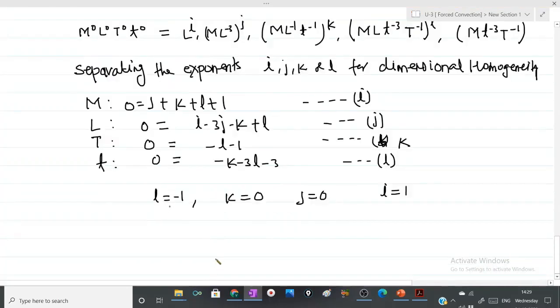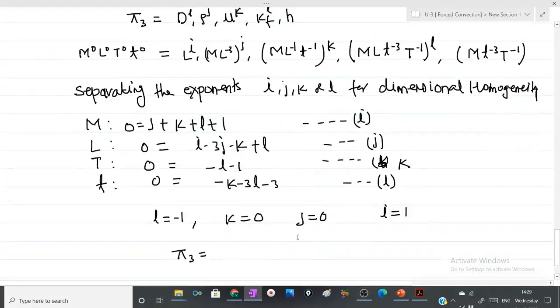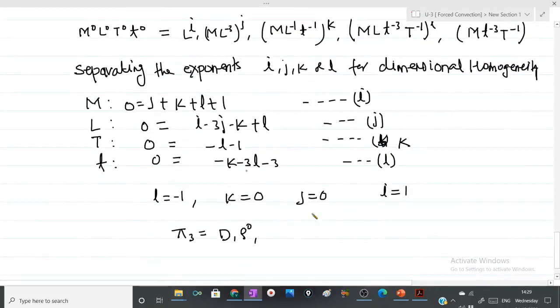Now, after finding out the value of exponents L, K, J, and I, let us put them in the pi term. So pi 3 will become d to power 1, rho to power 0, mu to power 0, and kf to power minus 1 and selected variable h.